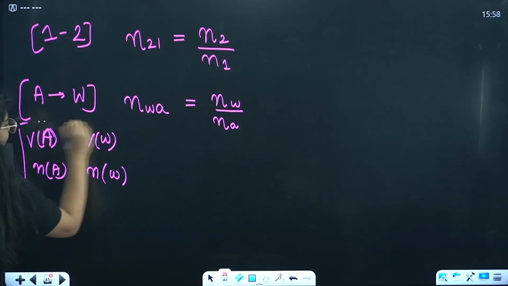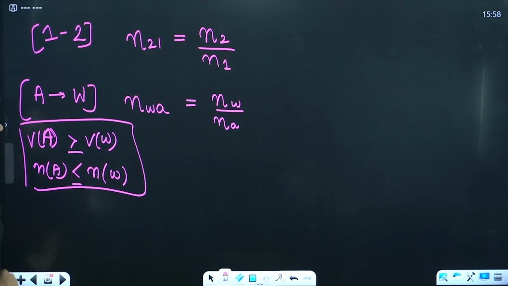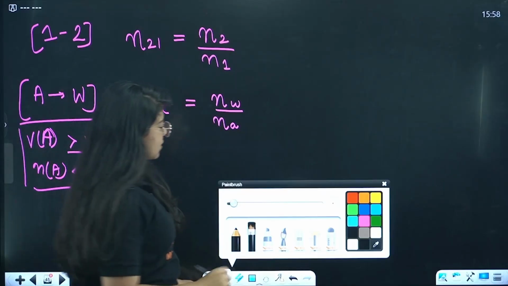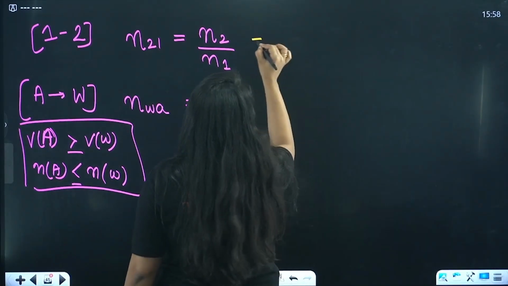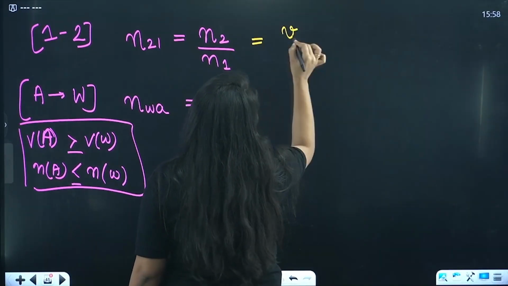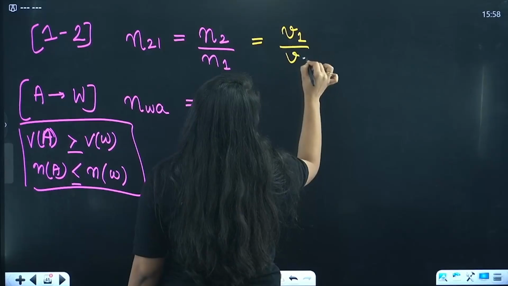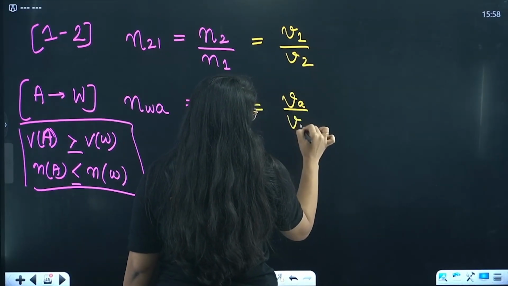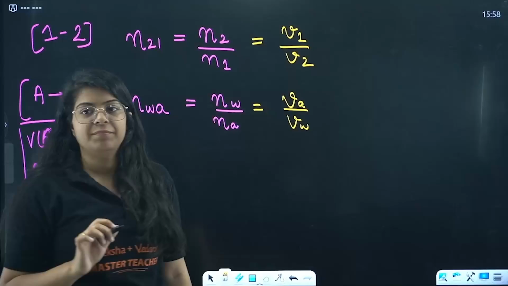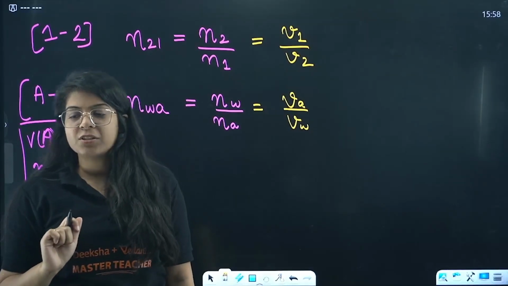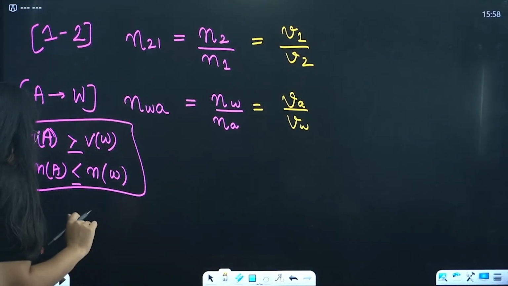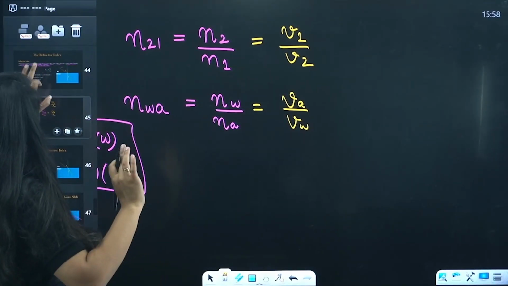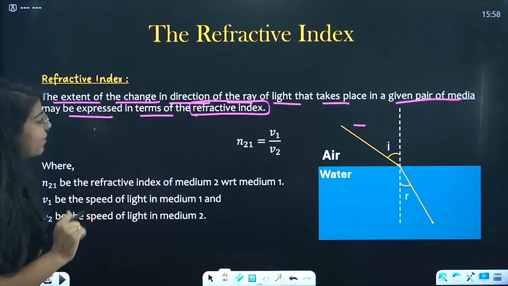So aren't these inversely proportional? So that means beta, when we write the formula, we will write V1 by V2. We will write V of air divided by V of water. Understood? Okay.